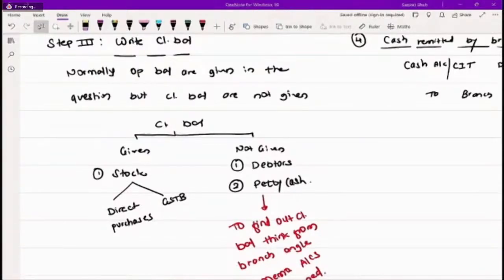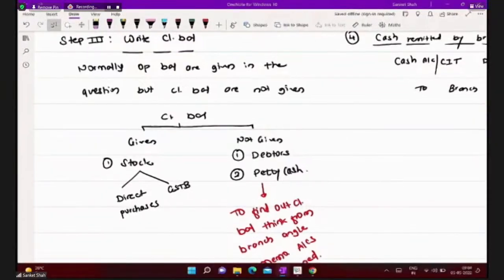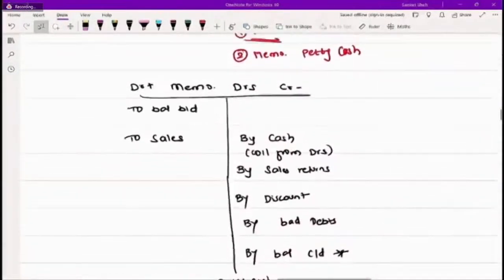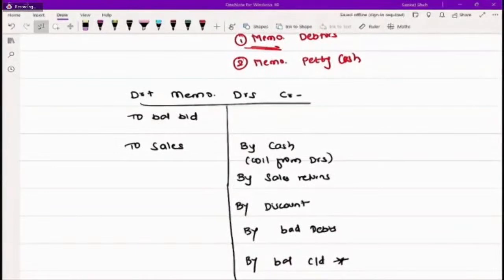Once you have got all these concepts, nothing is difficult in this topic. Memorandum debtors.